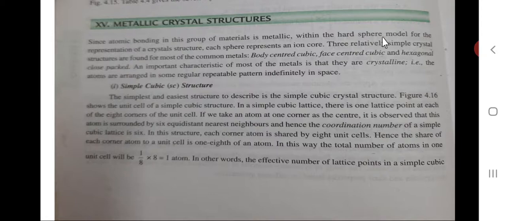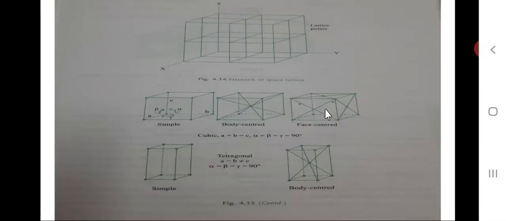Now, first of all, simple cubic structure. This is a simple cubic structure. The simplest and easiest structure to describe is the simple cubic crystal structure, which is shown in the figure.